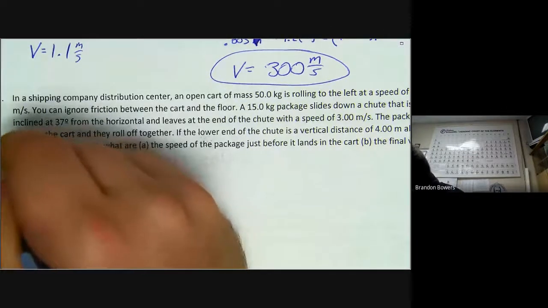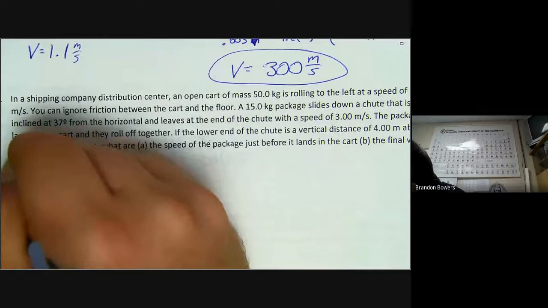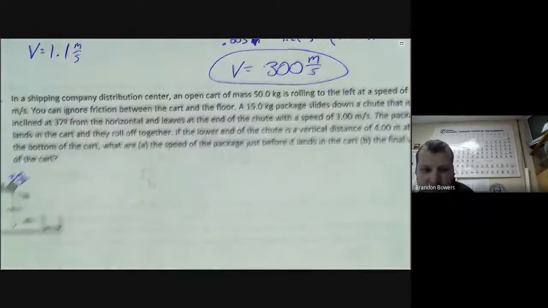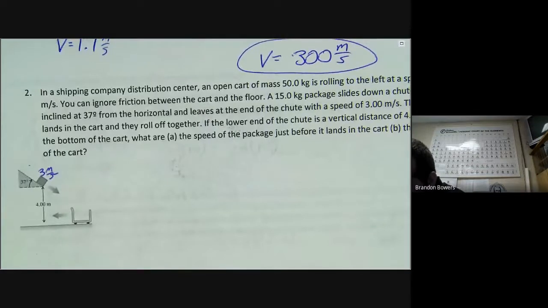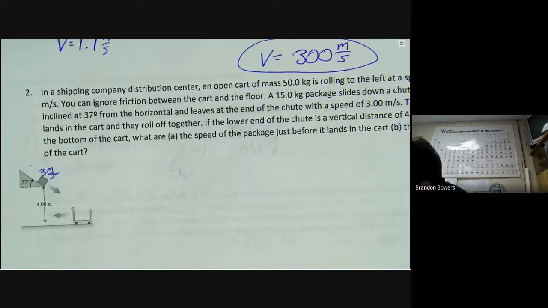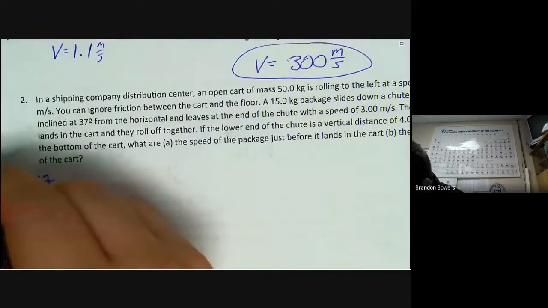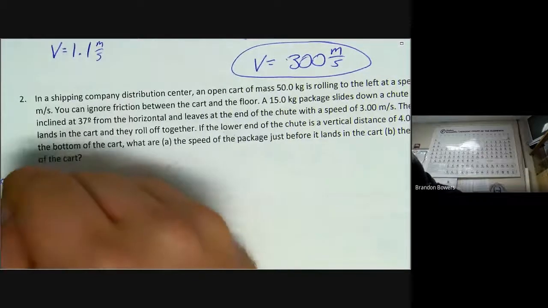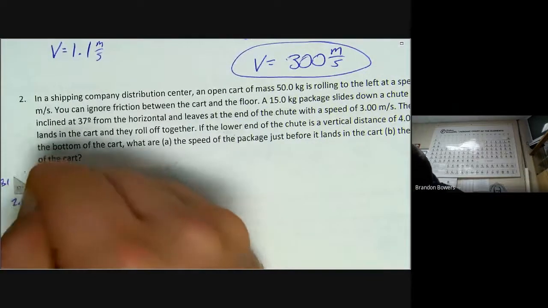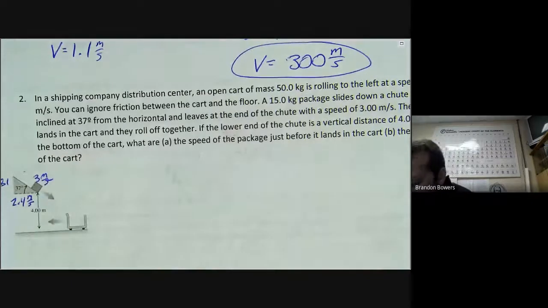So we can solve for our x and y components. My y is going to be 1.81 going down. My x is 2.4 meters per second. And we know the height is 4.